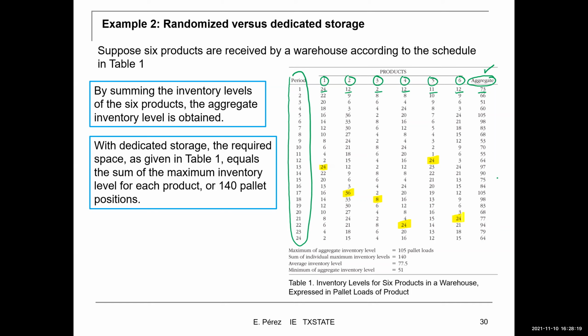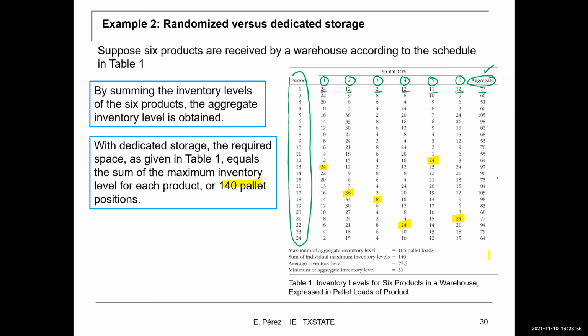So 24 plus 36 is 60, plus 8 is 68, plus 24 is 92, plus 24 is 116, plus 24, that's 140. Okay, so for dedicated storage, the sum of those maximums for each product is going to give us the capacity that we need for the warehouse. And that's how we get this 140 pallets.